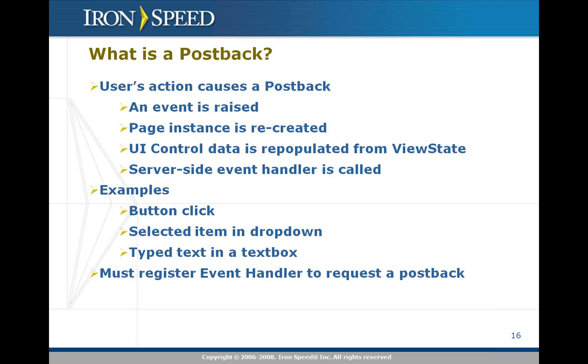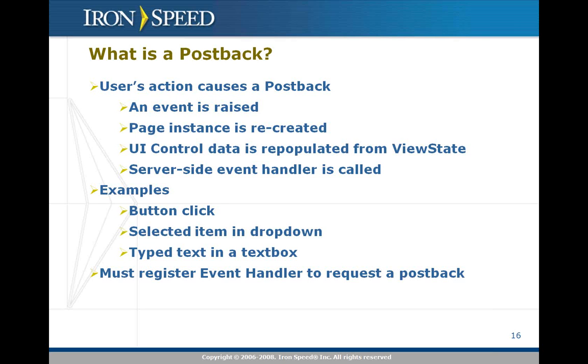In this particular case, the user interface control data is repopulated from the ViewState, and this is done for you automatically by .NET, so that when you do things like me.firstname.text, as an example, you have access to what the user typed in on that first name text box. In C#, it would be this.firstname.text.